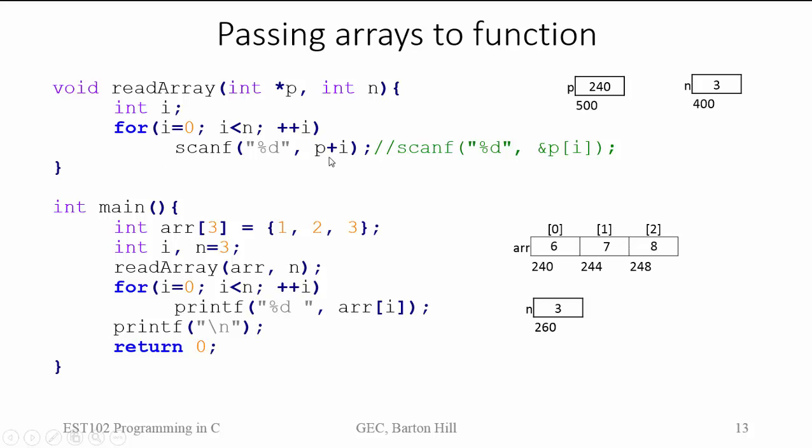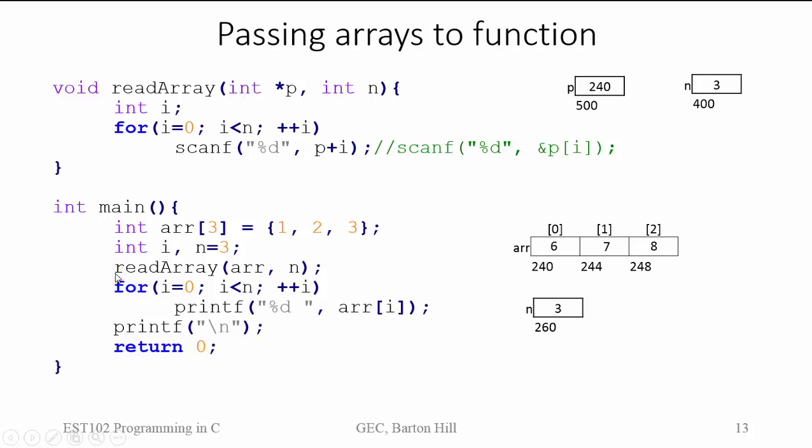Here I have used p plus I for reading the array elements. You can also use ampersand p of I. We have completed this for loop, and the function has completed, so we exit from this function and return to the called function.